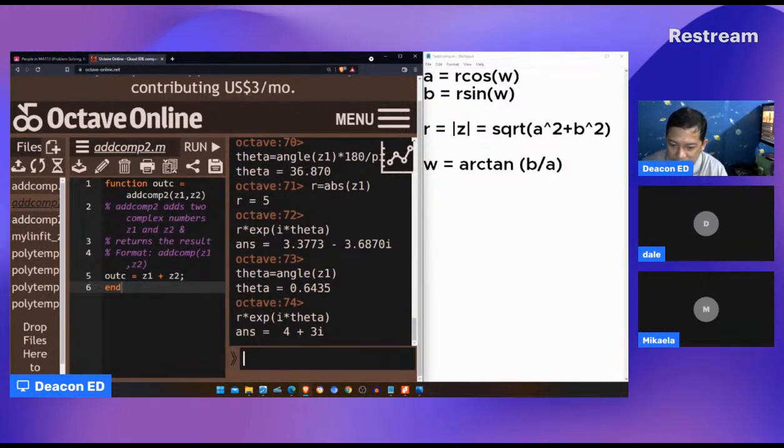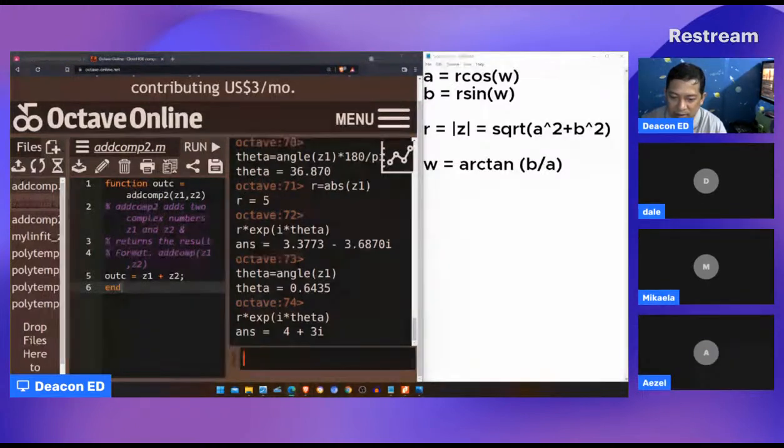Then we could also plot, guys, the complex number. Yan, we could plot the complex number here. So by following the pattern here, I will just follow the book.